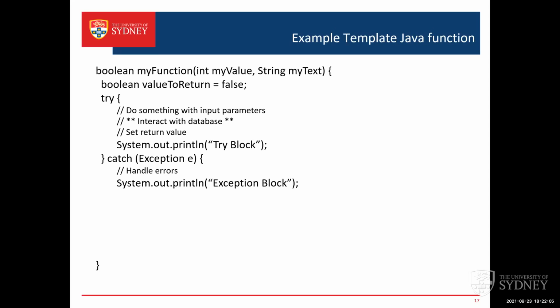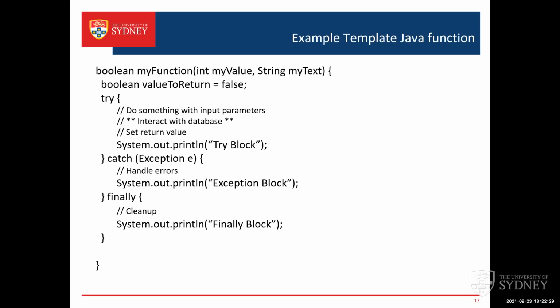Inside the try, we will write everything that we want to do regarding the interaction with the database. If some error happens, that will go to the catch block, where we will handle all the exceptions. Another thing: when you are talking about try catch, there is another block called finally. If you are not familiar with finally, that's fine.